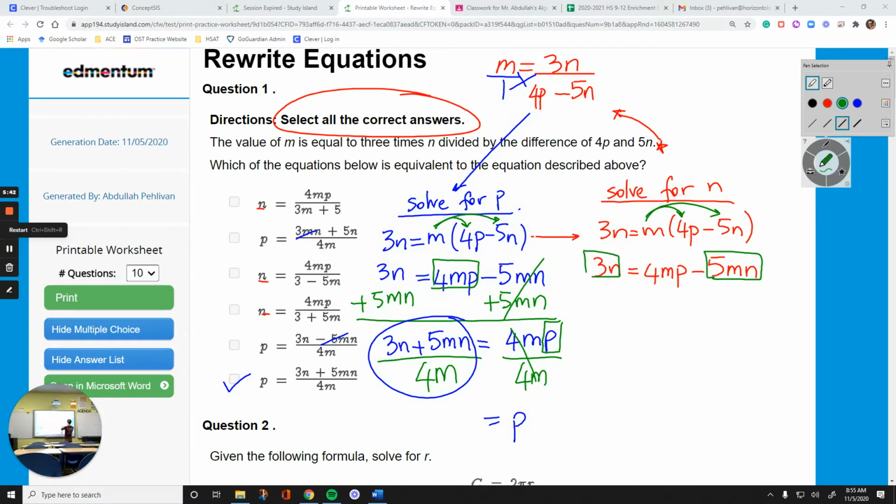So if I want to put these two together, I would add 5mn to both of the sides. Plus 5mn, plus 5mn. The steps so far are exactly the same. Now 3n plus 5mn equals 4mp.